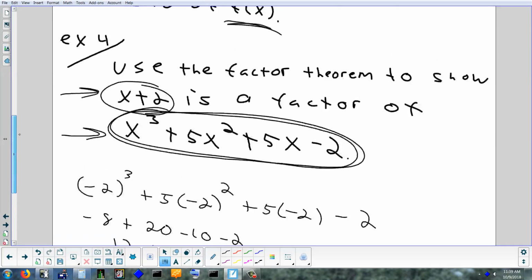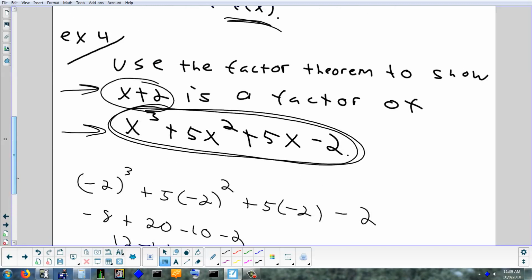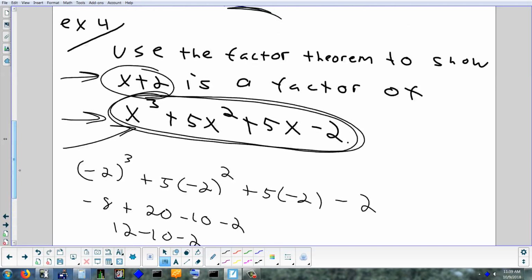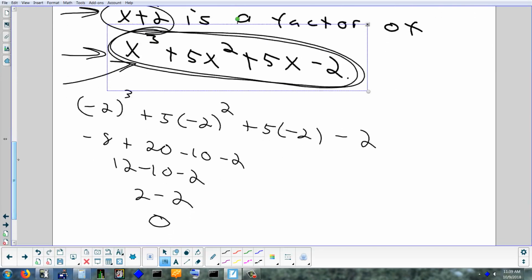So what I just showed is that if you plug -2 into that, it's a root. What else does that mean? Well, it means that you get a remainder of 0 if you were to do this long division. And that's it. So that proves x plus 2 is a factor. If I had time, I'd do out the long division and show you, but it would divide nicely. Any question on that?